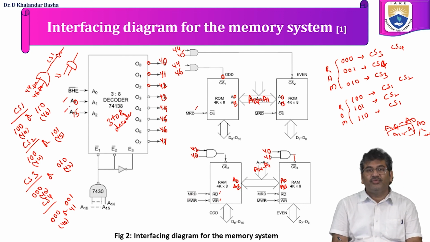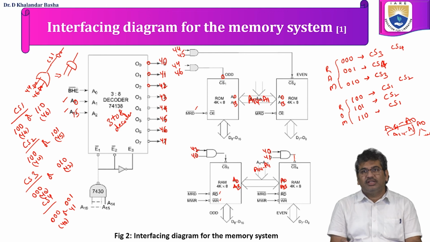A15 is also given to the decoder. So this is the entire interface diagram for the 8086 processor to interface two 16K by 8 ROM blocks and two 16K by 8 RAM blocks with the suitable address mapping.